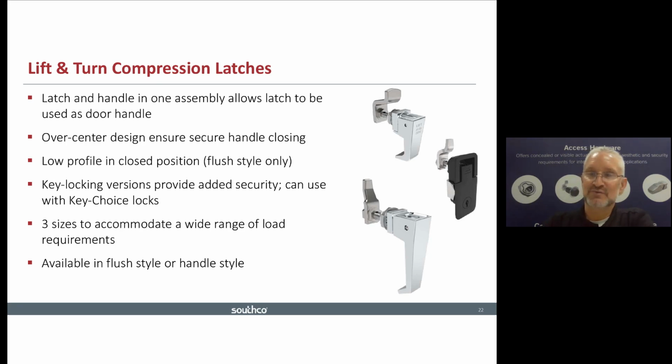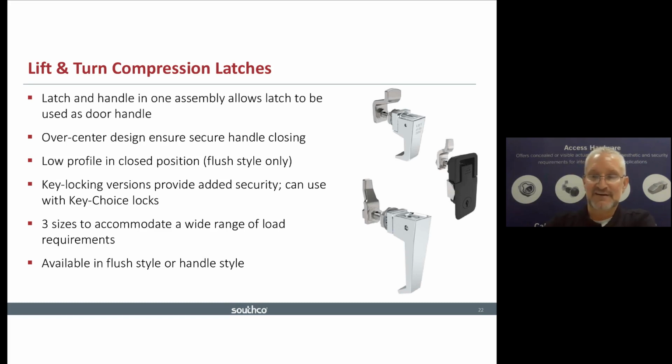And as you see on the right, they come in two different versions, one more flush for a design aesthetic of that type of application, or one with varying sizes of handles that allow you to grasp easily to actuate and open your door. Certainly, they come in multiple versions of key locking or tool locking, and also support that key choice system that I mentioned earlier Southco offers.